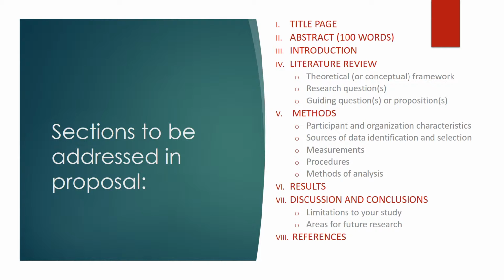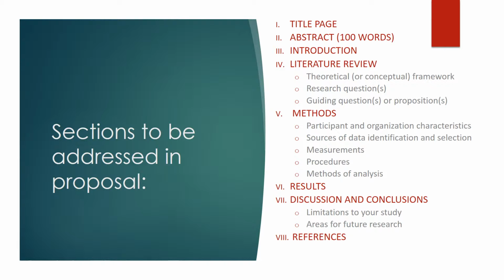Part of that is because this is a methods class. The other part of that is having a detailed methods section actually does make your research stronger. And if you consider all of these sections, you're more likely to identify any issues, pitfalls, or landmines that you would want to address in your study.